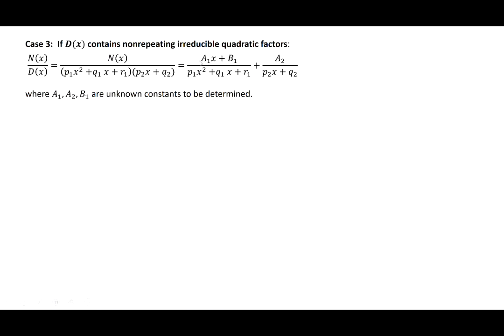You don't say a over, instead you say a1x plus b1 all over p1x squared plus q1x plus r1. That's how you account for the irreducible quadratic factor. And for this linear factor p2x plus q2, as before, simple a2 over p2x plus q2. Right? a1, a2, b1, they're all constants.